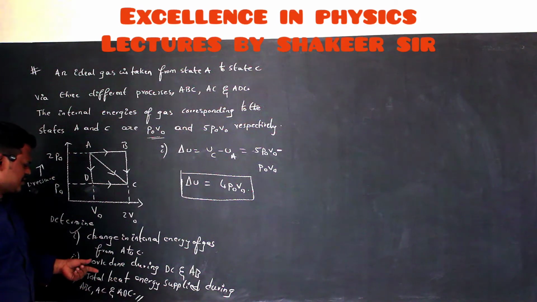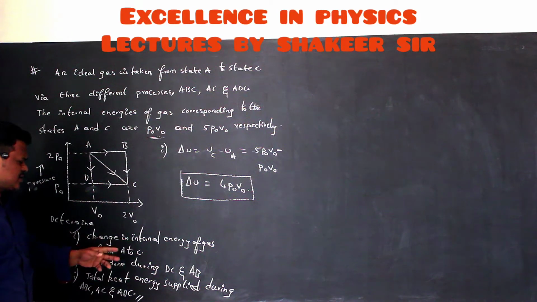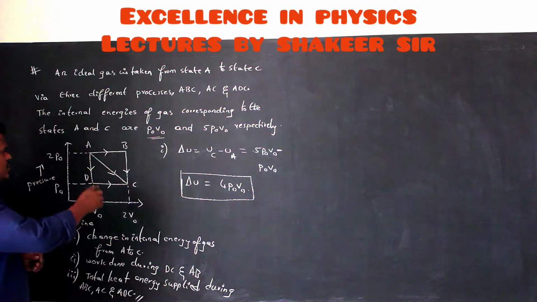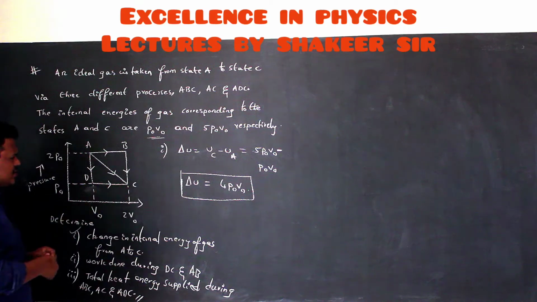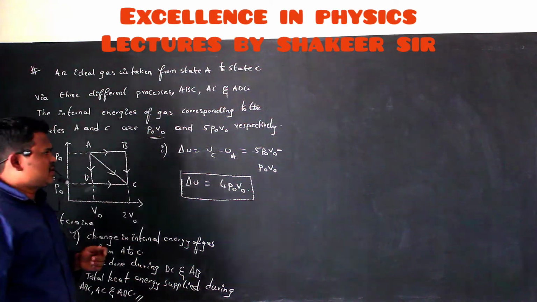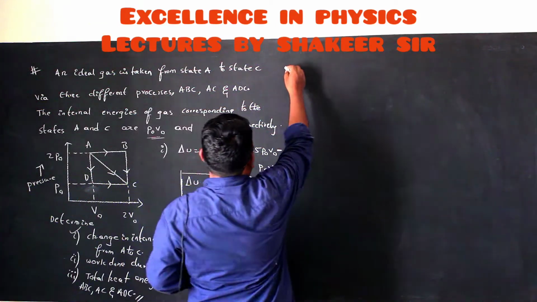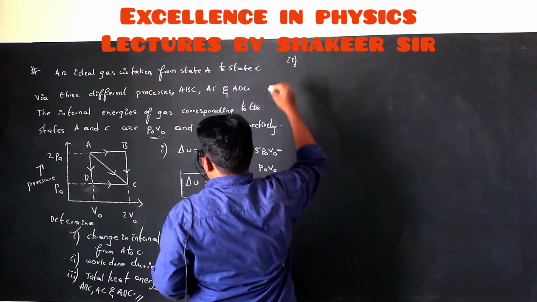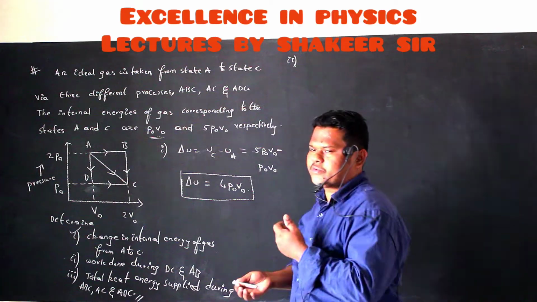Now let us see the second one: work done during the process D to C and A to B. This is D to C and this is A to B. In these two processes, we are supposed to find the work done. We have already studied that the area under the PV graph gives the work done.